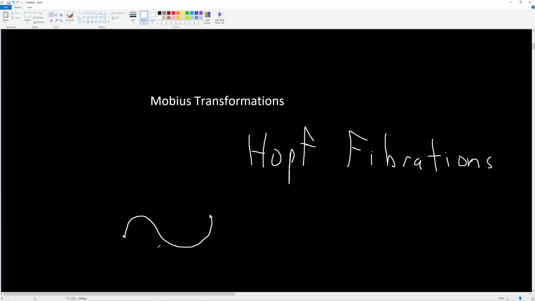This path in 3D can be spun around a finite number of times and sort of knotted up, and then we can form some kind of geometry where we connect these two singularities. So if we go from one singularity to another along some path, it represents moving from one quaternion to another.